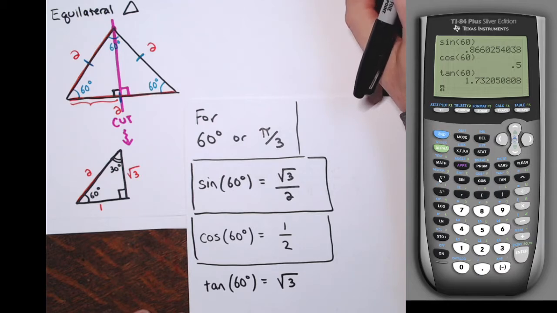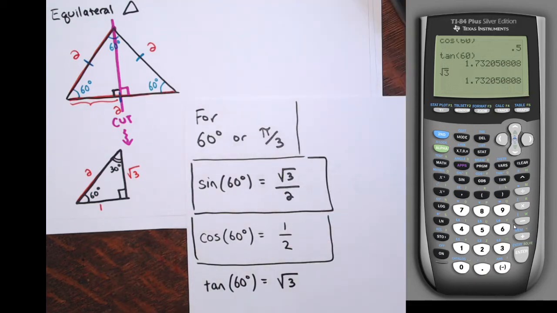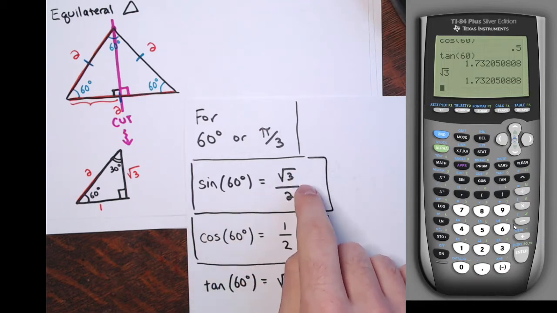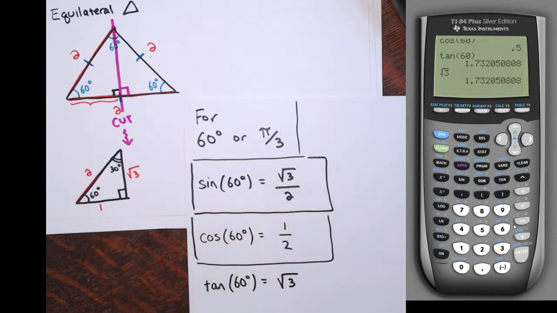And what is the square root of 3? Hopefully it's 1.73. Yes, it's exactly the same. So this is correct. And then the cosecant, you flip it, it'd be 2 divided by the square root of 3, and then you can rationalize. The secant of 60 degrees would be 2 over 1, or just 2. And the cotangent of 60 degrees, or pi over 3 radians, would be 1 divided by the square root of 3, right? Flip that over.